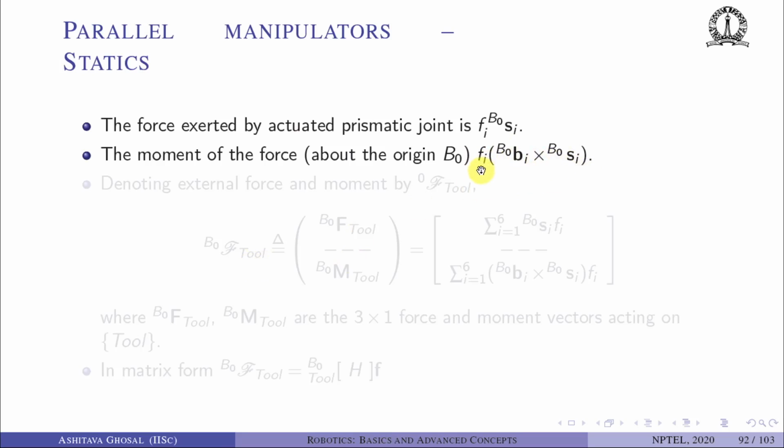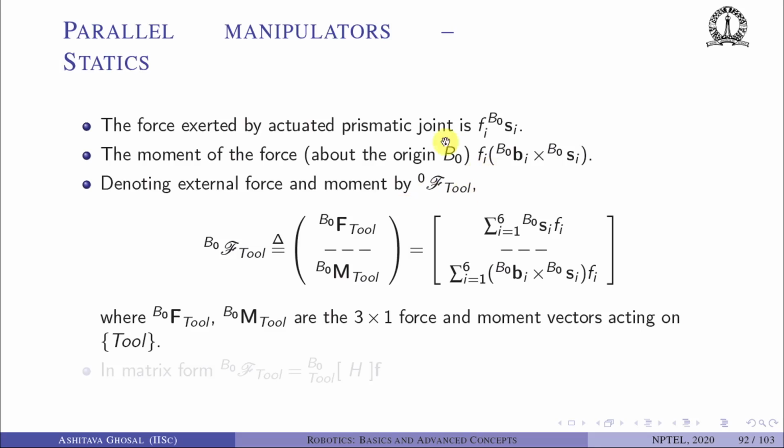If you denote the external force and moment by F tool, which is the force acting on the end effector and the moment acting on the end effector, this must be balanced by the force along the leg and the moment with respect to the fixed coordinate system. So this must be equal to this.